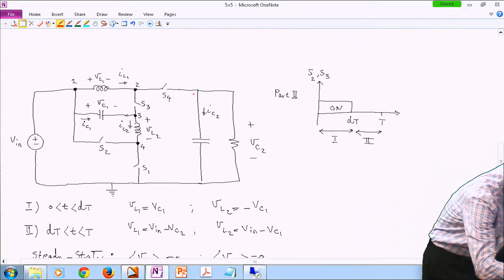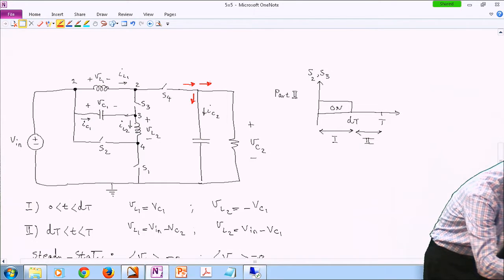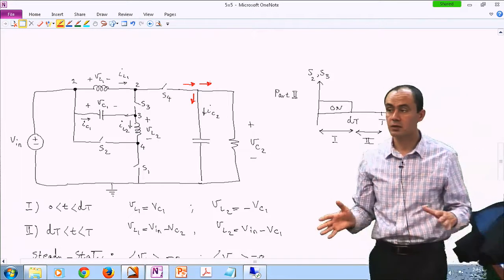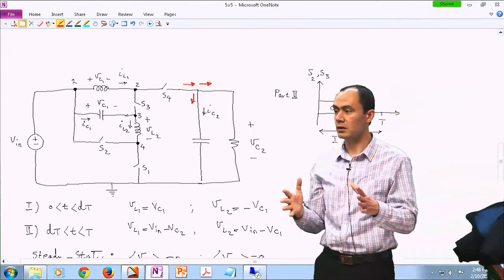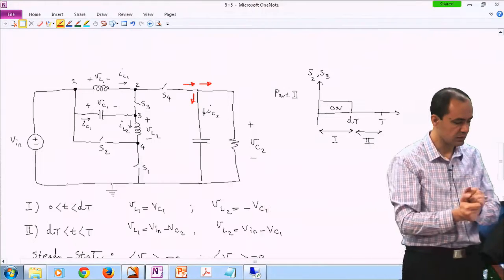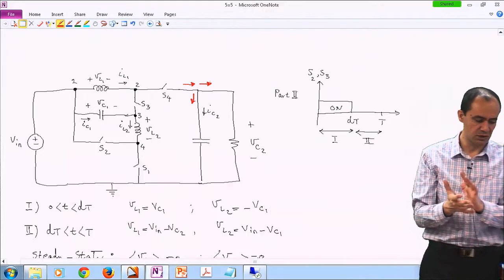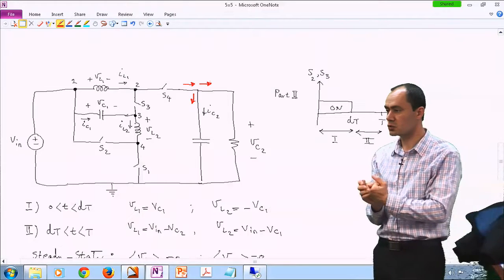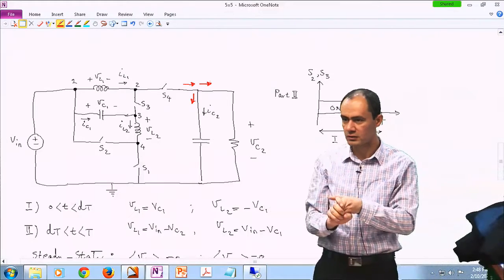We are trying to identify this current, which is this current minus this current. The right-hand side current is just the output voltage divided by R, easy. And the left side current is the current of switch S4, which is the current of inductor L1 multiplied by the switching function S4.